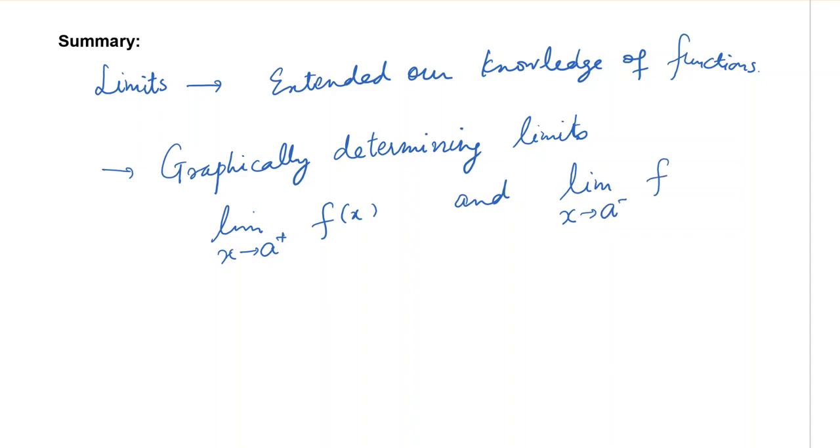They should both exist individually, and not only exist, they should agree with each other on the same value. If they agree, we say that the limit exists as x approaches a.